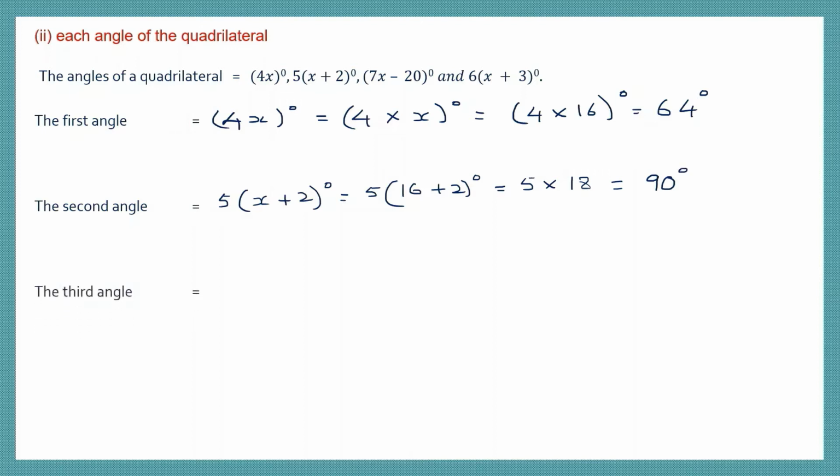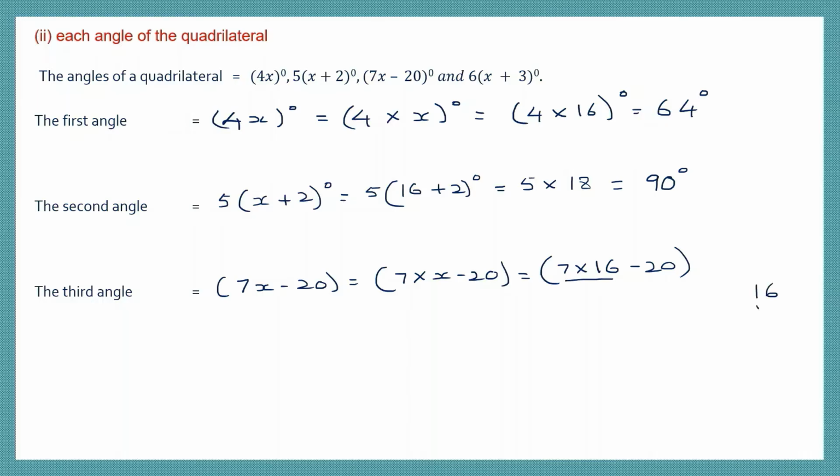Now the third angle given to us is 7x minus 20, which is 7 into x minus 20. So that will be 7 into 16, x is 16, minus 20. So let's multiply first 7 into 16. 16 into 7, 6 7s are 42, carry 4, 7 1s are 7 plus 4 is 11.